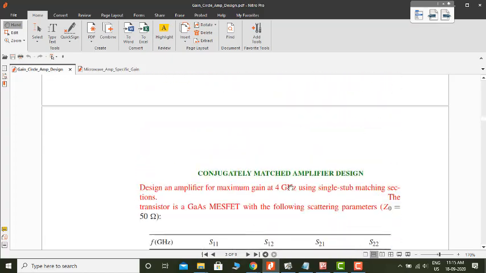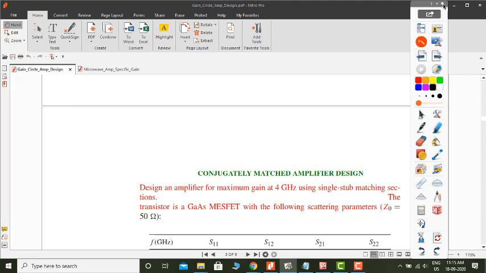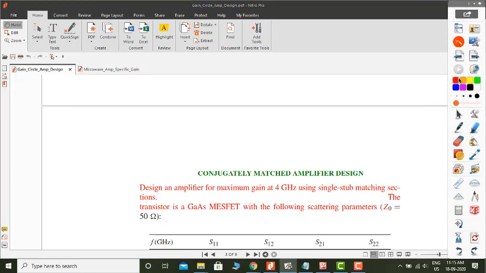Say the problem is we have to design an amplifier at 4 gigahertz, and one constraint is you have to use a single stub matching section.